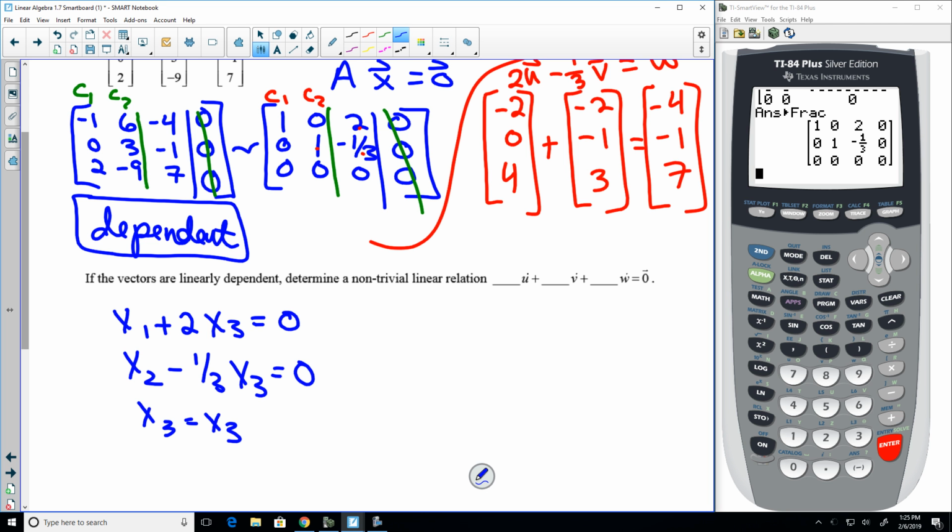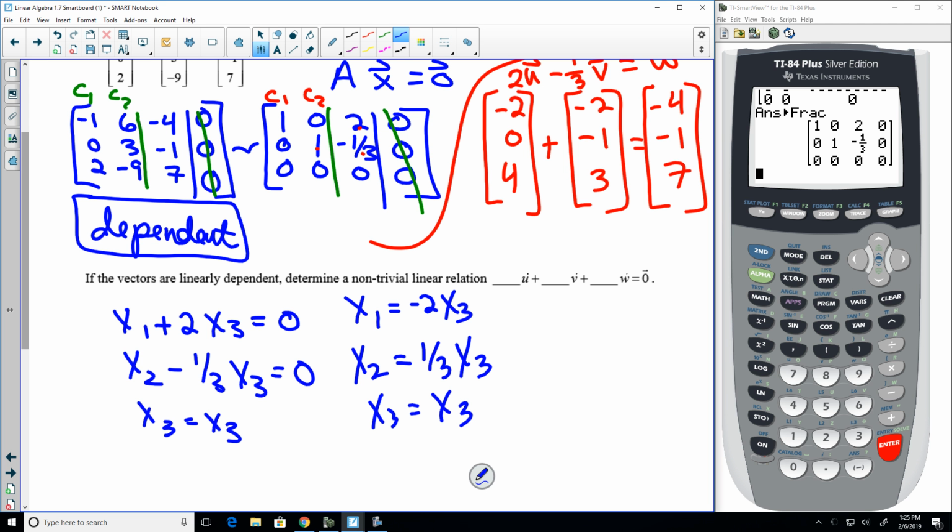And we'll solve these for each one, right? So those are the solutions to that homogeneous equation.